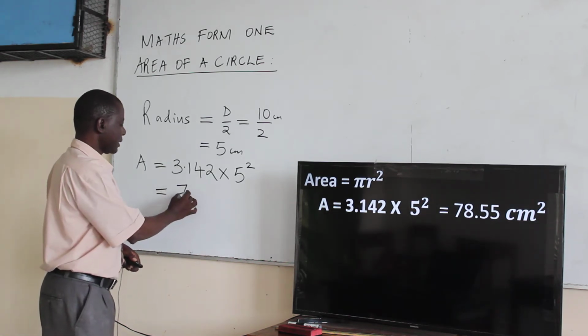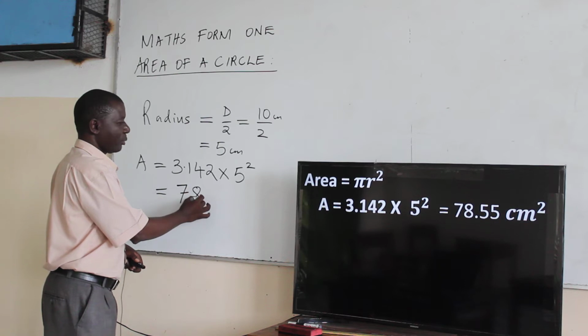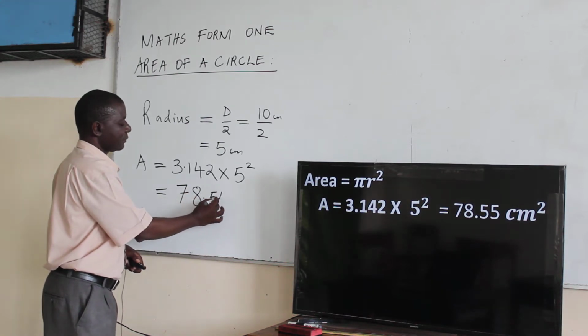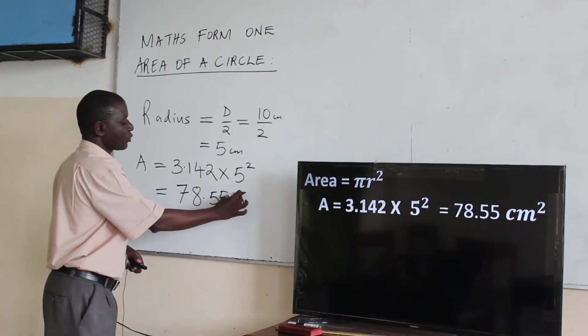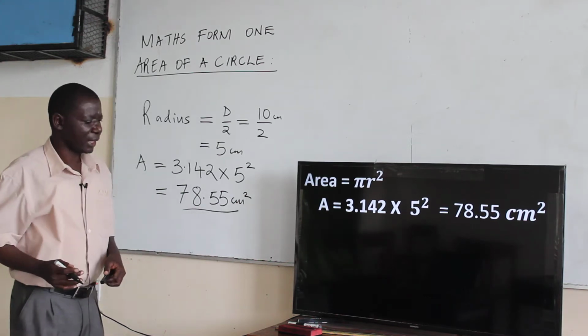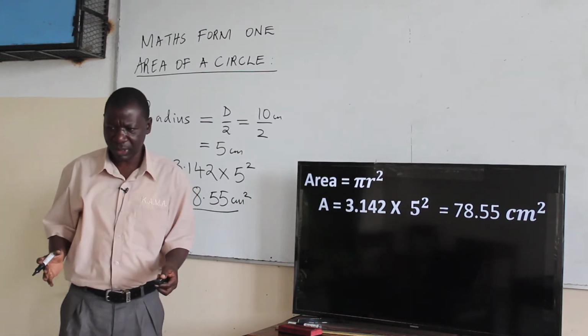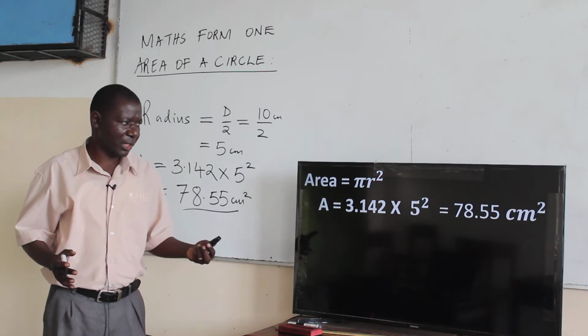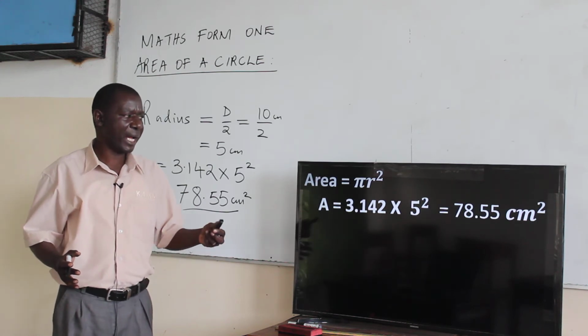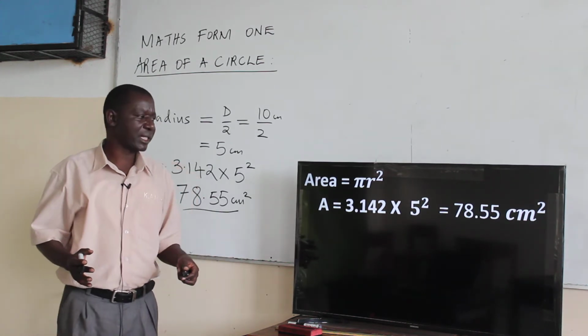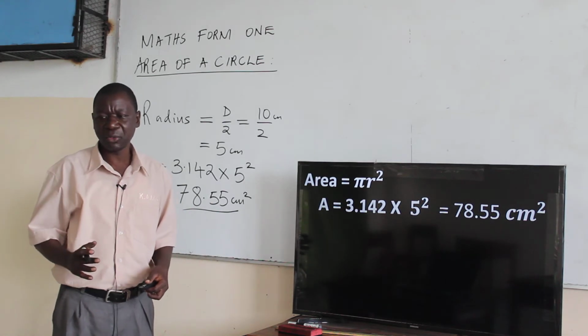That gives us 78.55 centimeters square. That is how we find the area of a circle. Very easy. As long as we remember the formula pi r squared, then we can easily get the area of any circle that is given to us.